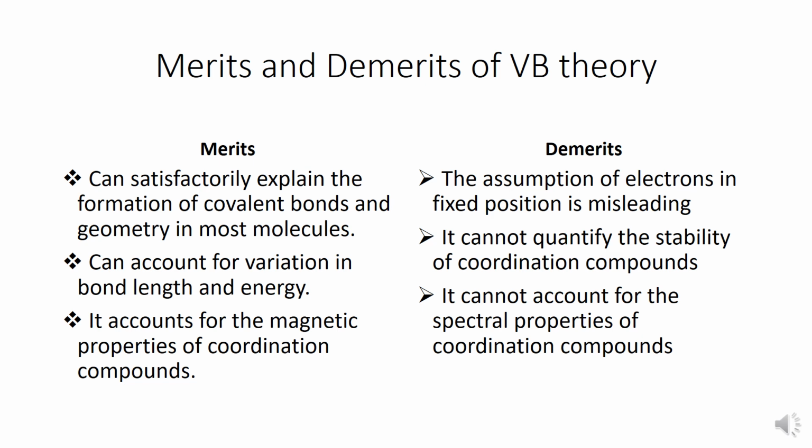It has not been able to quantify the stability. In spite of the fact that it is able to account for bond length and bond energy, it has not been able to tell us how stable a certain coordination compound is. And it has not been able to account for the color, the spectral property of coordination compounds, which has not been accounted for by valence bond theory.